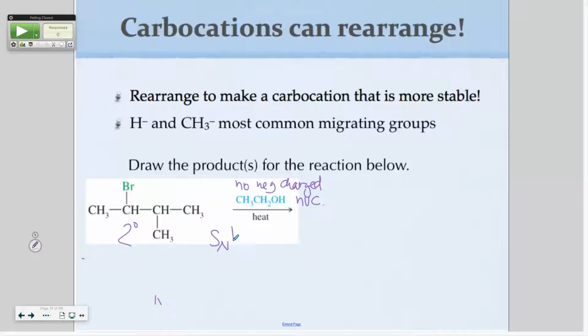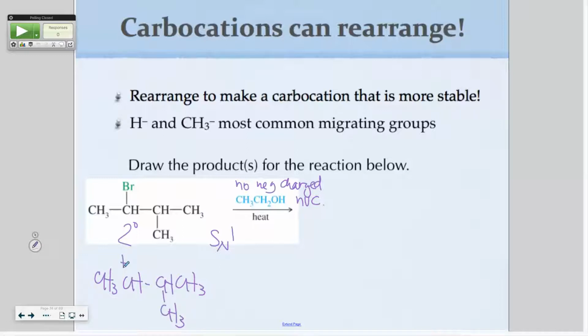Okay, so how are you going to figure out your products? What is the first carbocation that's formed? That's what I did, allylic. So draw that little structure first. You don't have to write out the whole mechanism to get to the product. You just have to do a little piece of it.